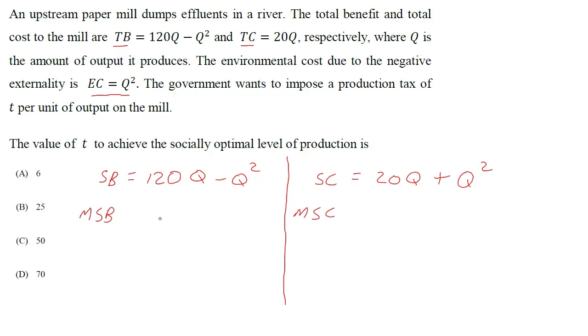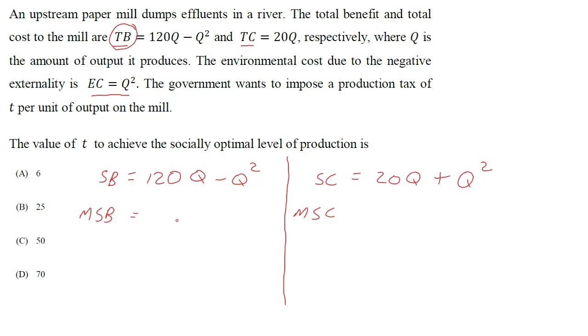The way in which we calculate the marginal social benefit and marginal social cost is by differentiating benefit with respect to quantity. What we have here is the original total benefit.